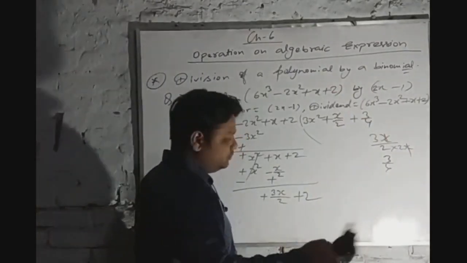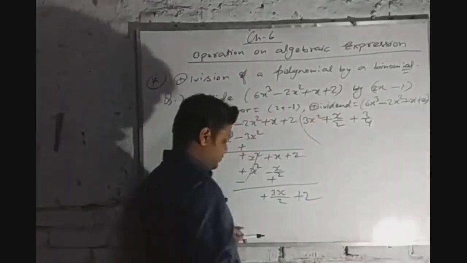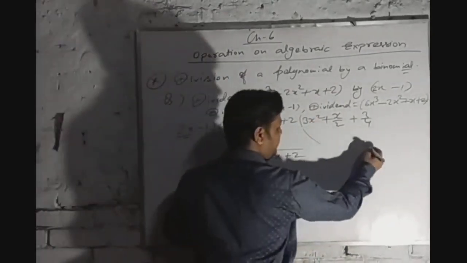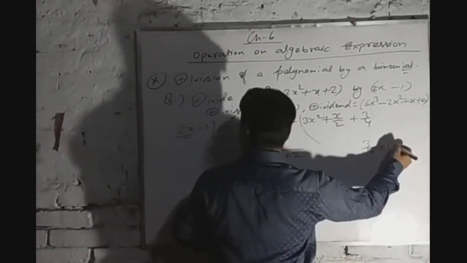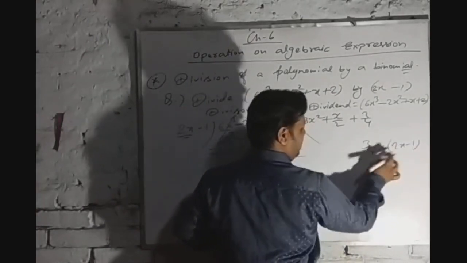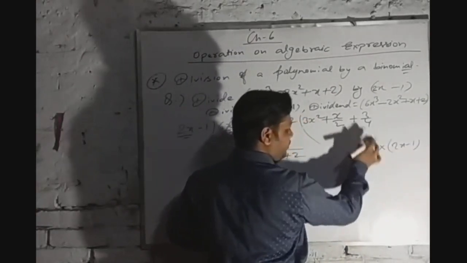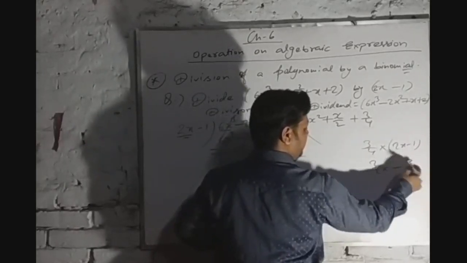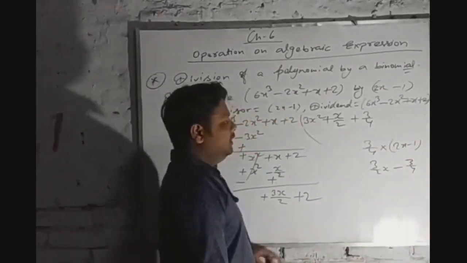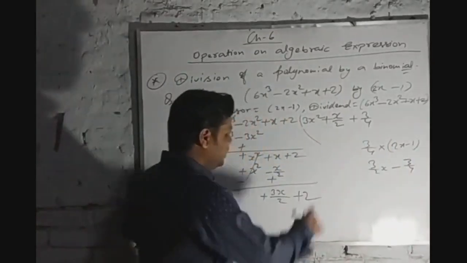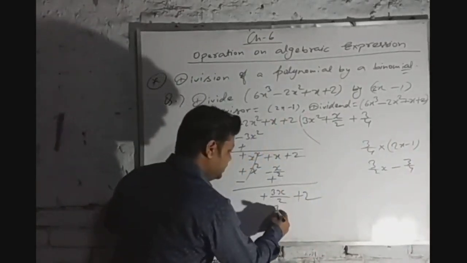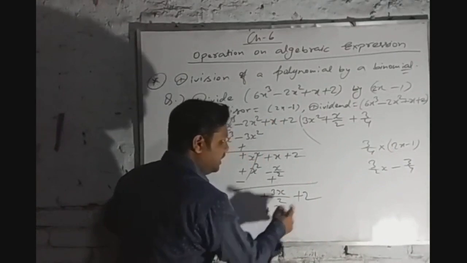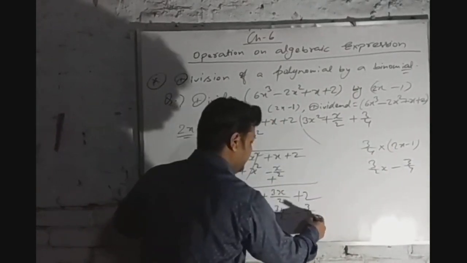Now multiply the divisor by 3 by 4: 3 by 4 into 2x is 3x by 2, and minus 3 by 4 into 1 is minus 3 by 4.